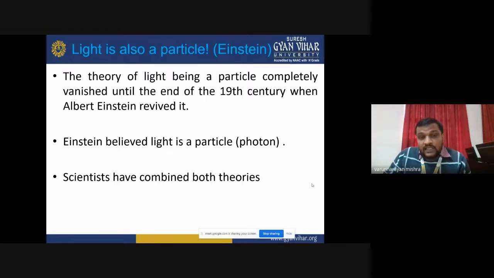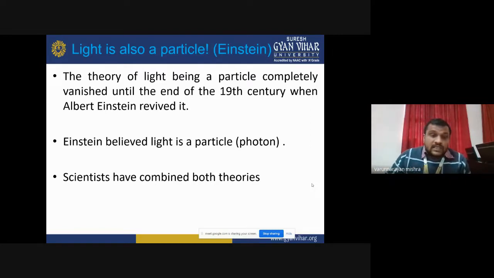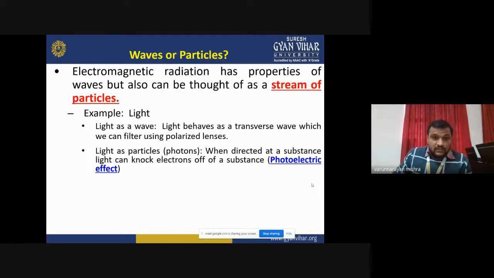So light is considered as a wave, and also it is considered as a particle. A lot of experiments have been done by different scientists around the world to study the characteristics of light. So there was a debate, which lasted until the discovery of the photoelectric effect. Electromagnetic radiation has the properties of waves as well as the properties of a particle.